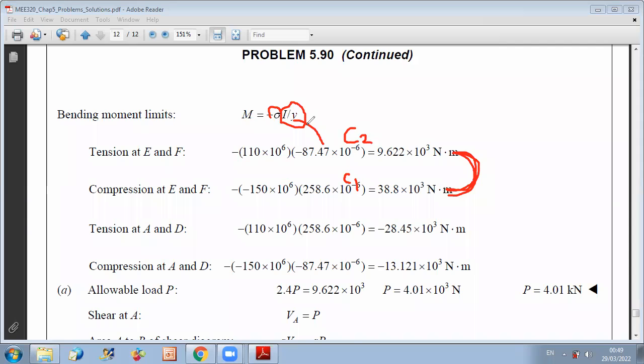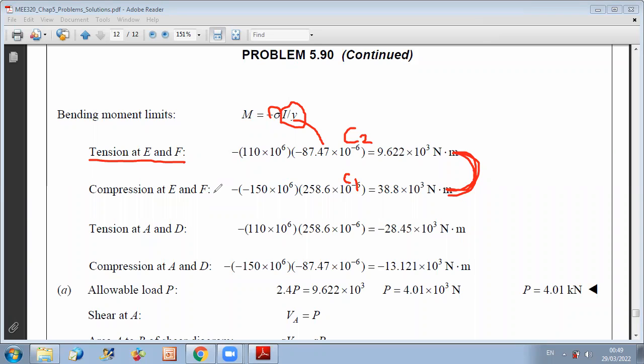Since M is inversely proportional to C, larger C2 will lead to smaller M, and smaller allowable stress will lead to smaller M. So here you can be sure that the critical value of bending moment will be for tension at E and F. You can verify this by doing all possible scenarios, all possible critical cases.